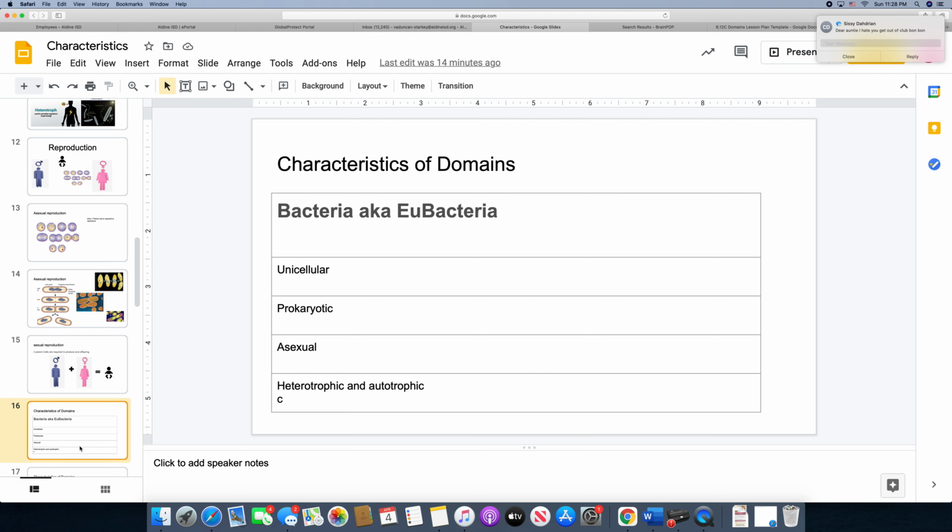They reproduce asexually, meaning only one parent cell is needed, just like I showed you where that one cell grows until it breaks into two cells. And they are heterotrophs and autotrophs.